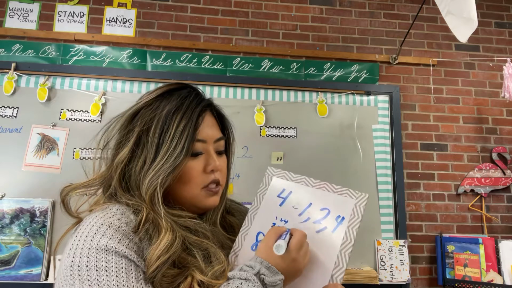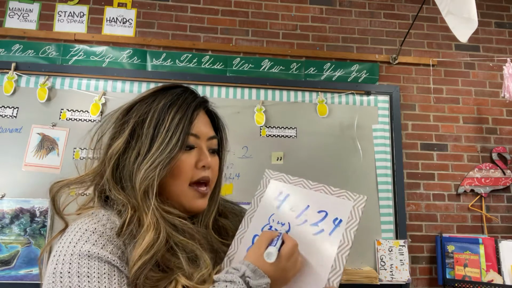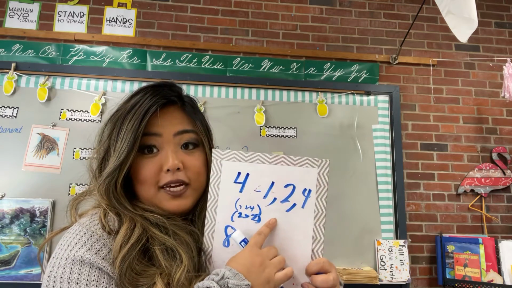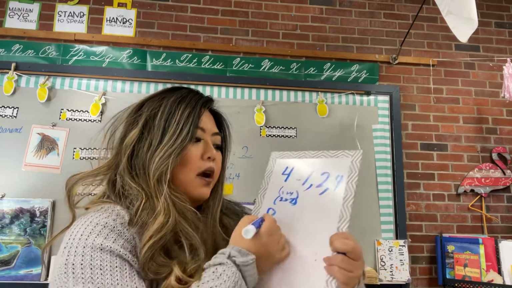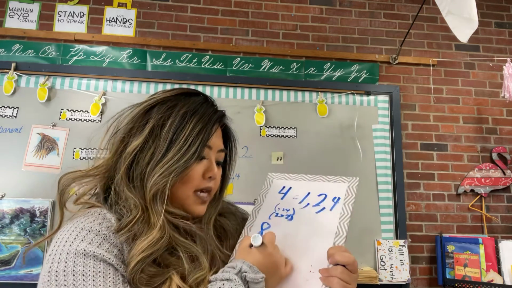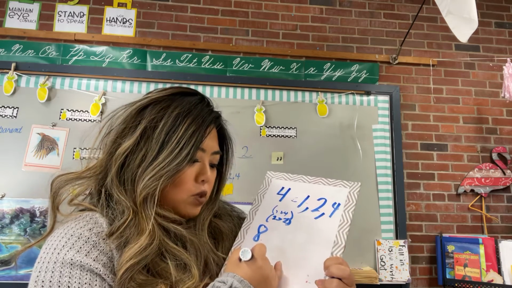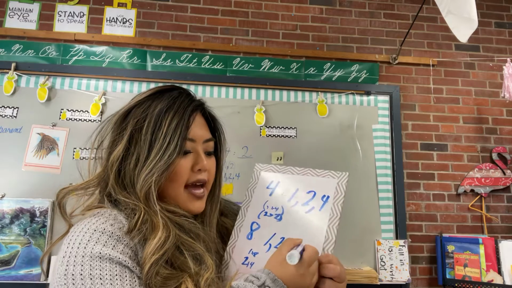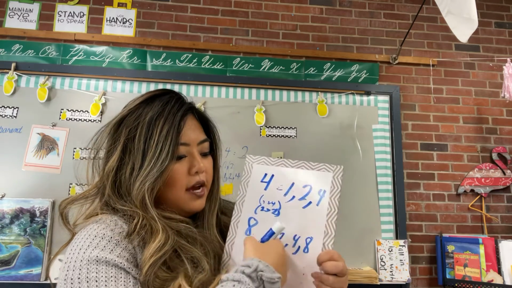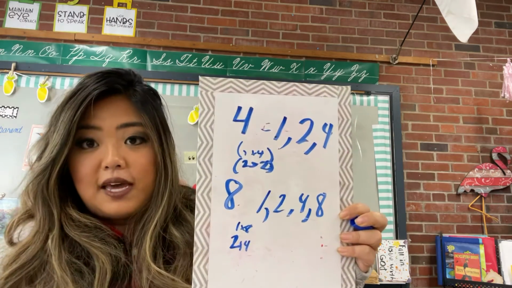Whatever you need to do to get comfortable with it. But if you can just write them down like this underneath, that would be even better. Now, 8 is 1 times 8 and 2 times 4, which means our factors are going to be 1, 2, 4, and 8.